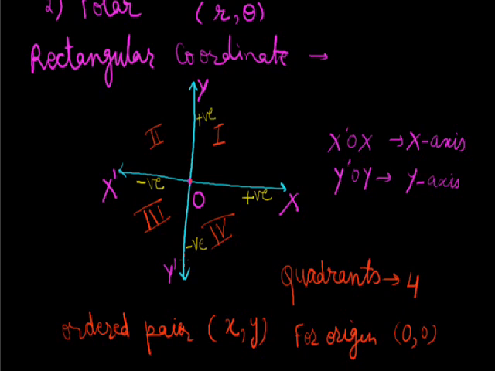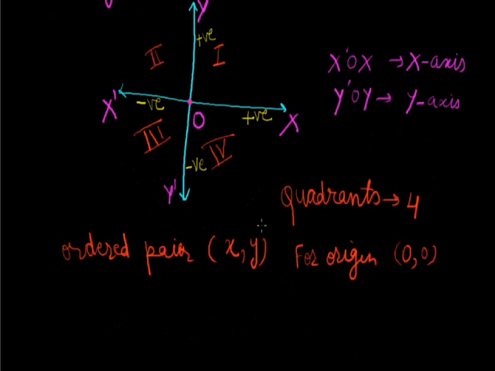Now what we observe is that the first quadrant has both x and y coordinates positive. Similarly, in the second quadrant, x is negative while y is positive. Both coordinates are negative in the third quadrant. In the fourth, x is positive and y is negative.